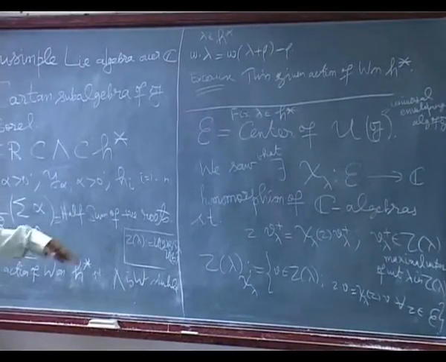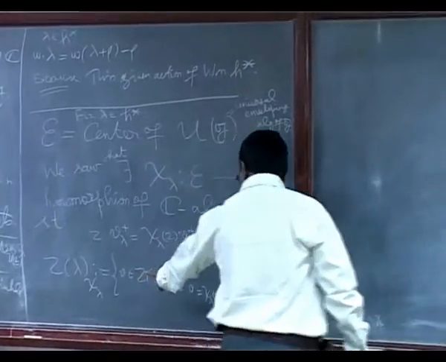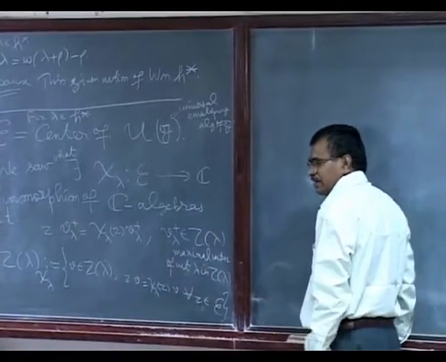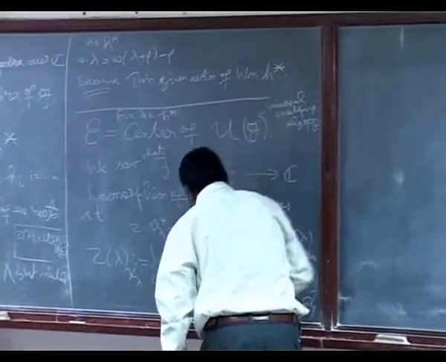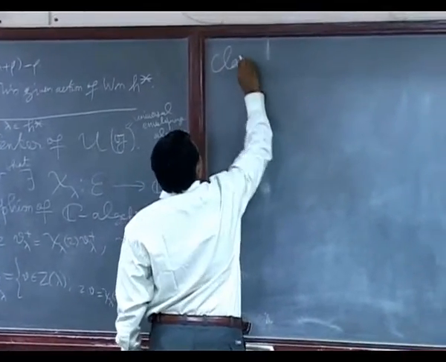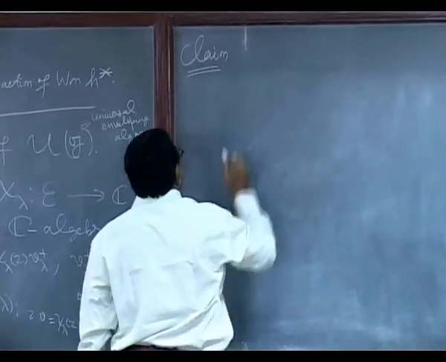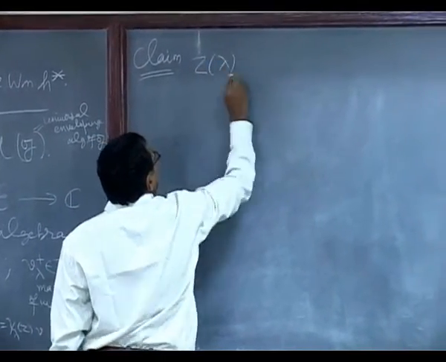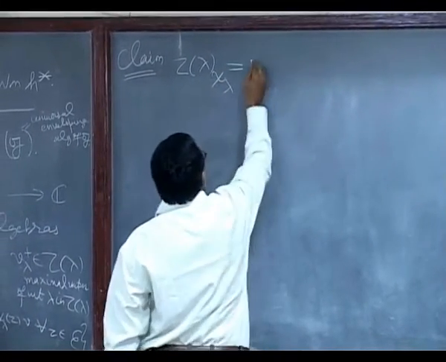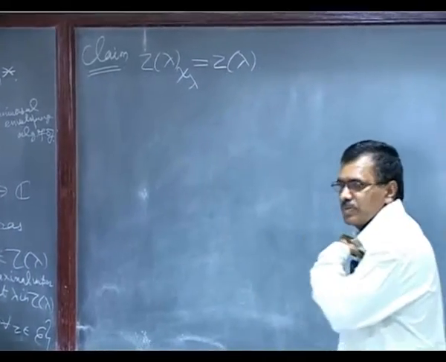So, I take all those vectors for which z operates by the same chi lambda. Now, the claim is that Z lambda chi lambda is the whole of Z lambda. This is what we are going to prove.